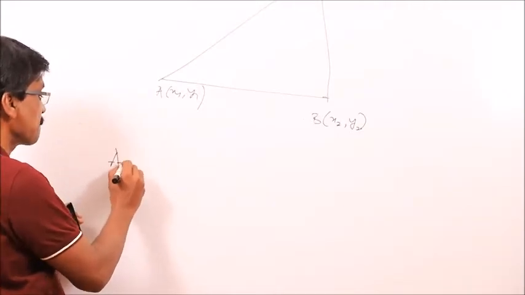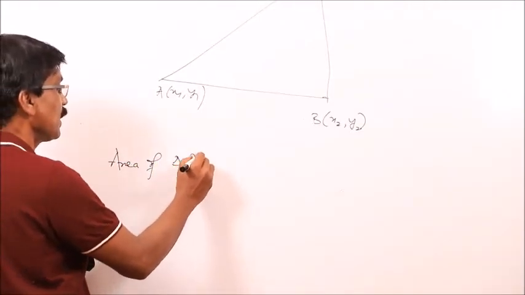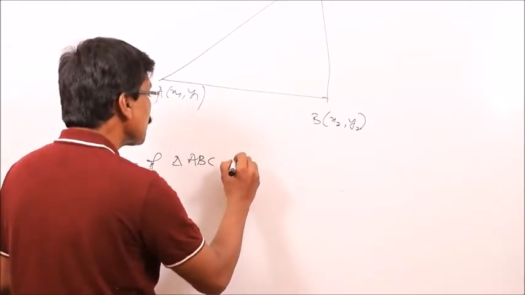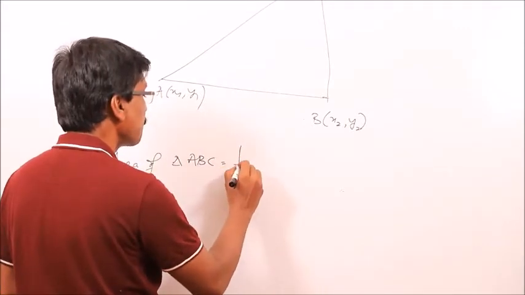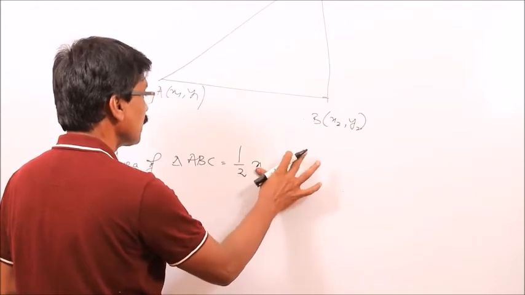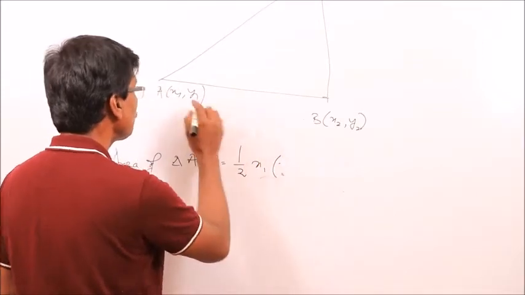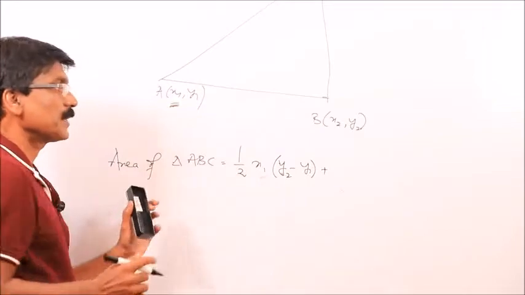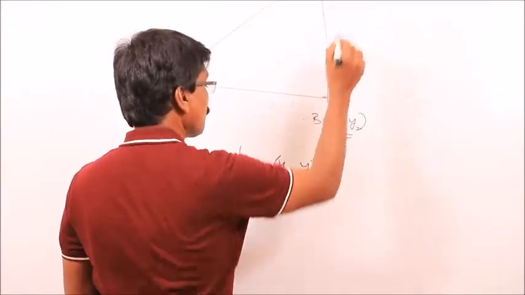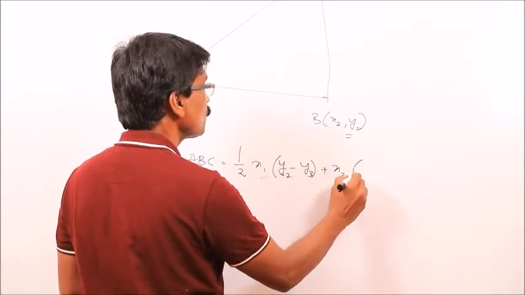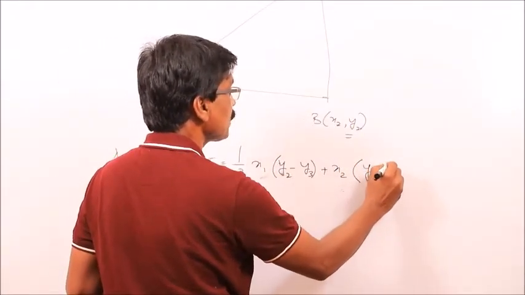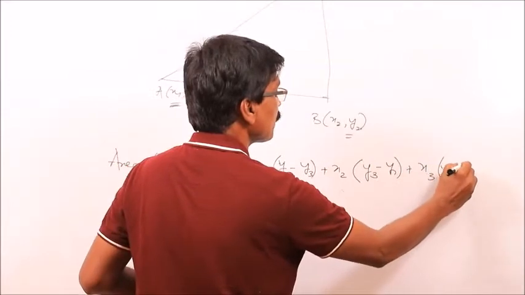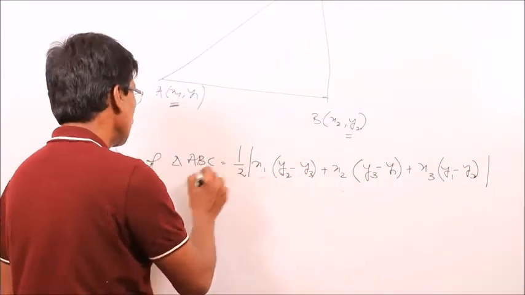The area of triangle ABC is x1 into y2 minus y3, plus x2 into y3 minus y1, plus x3 into y1 minus y2. This is called the area of triangle.